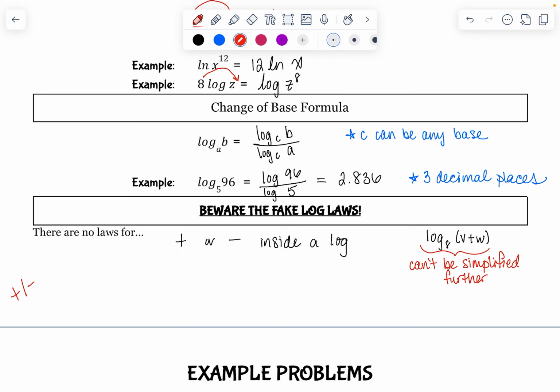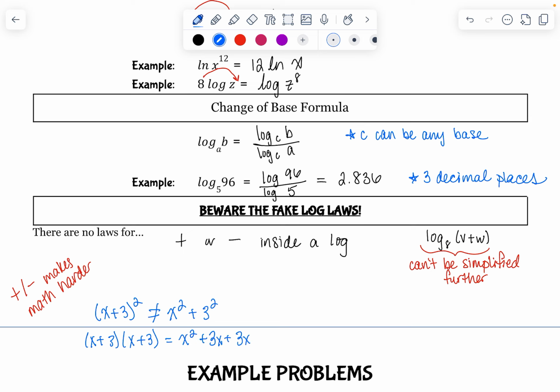And I want to make a side note here. Anytime we have addition or subtraction on the inside of parentheses, it technically makes math harder. If we have x plus 3 squared, that is not the same thing as x squared plus 3 squared. Because I would have to FOIL it and I would end up getting x squared plus 3x plus 3x plus 9.